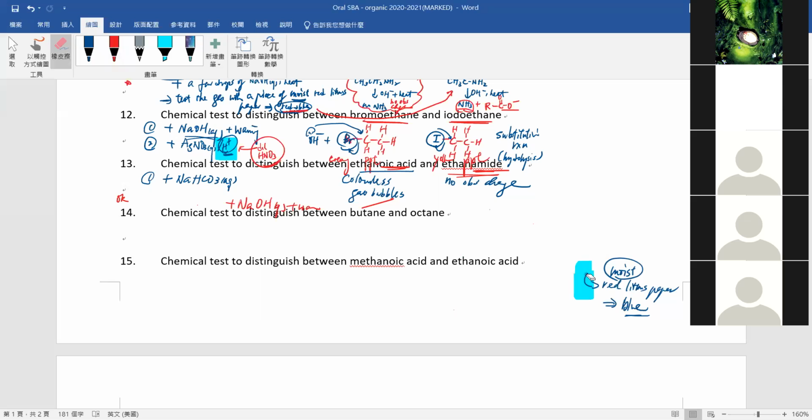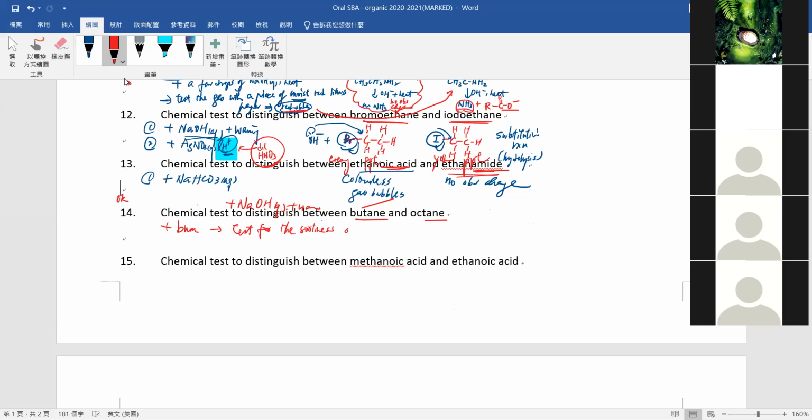Butane and octane. Burn it and octane has a difference. Yes, that's right, you can. Butane and octane, you may burn it and test for the sootiness of flame.